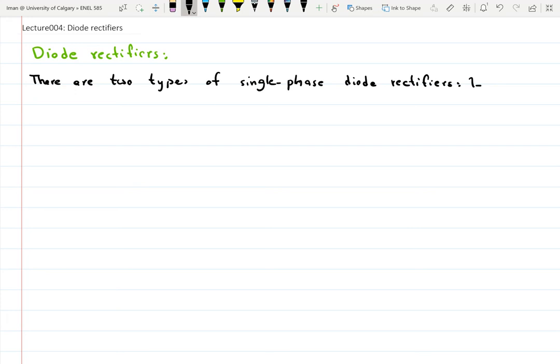One is namely the single phase half wave rectifier, and the other is the single phase full wave rectifier.